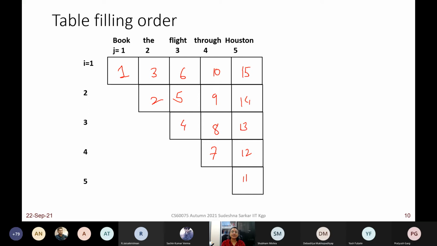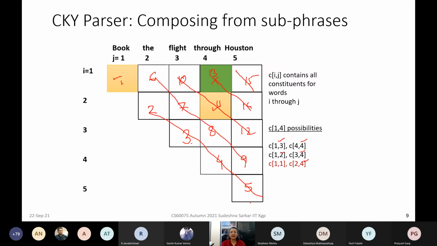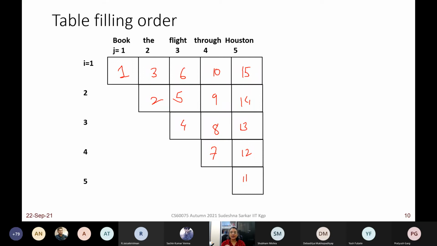And you can convince yourself that for both these orderings, we ensure that when we fill up a cell, all its dependents are already filled. There could be other ways, but these are 2 major ways in which you can proceed.